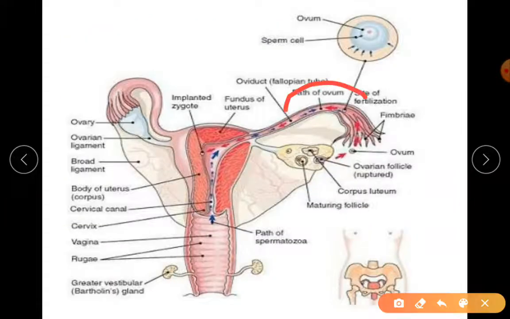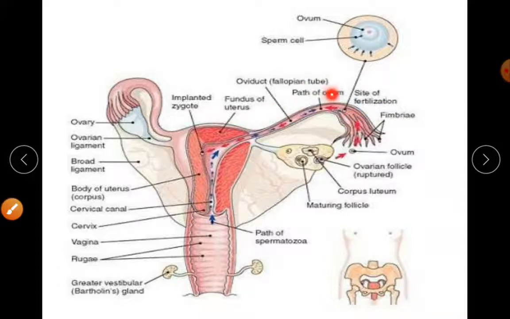We are showing the two regions, and the site of fertilization will be almost in this place. The chances of fertilization will be at any site of the fallopian tube, which we call the isthmic ampullary junction. You will understand one by one. I'm just giving you an idea now, so later you can get a better clarity as it is explained again.